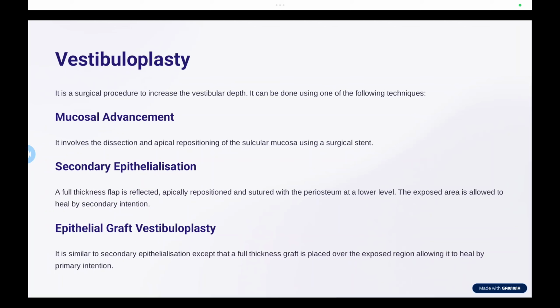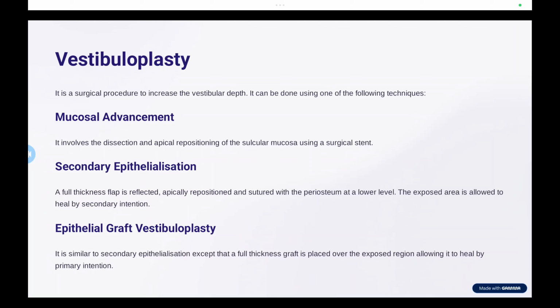Now, these are the three techniques which lead to vestibuloplasty. First is the mucosal advancement, in which we dissect and apically position the circular mucosa using a surgical stent so that we replace the circular mucosa more apically.